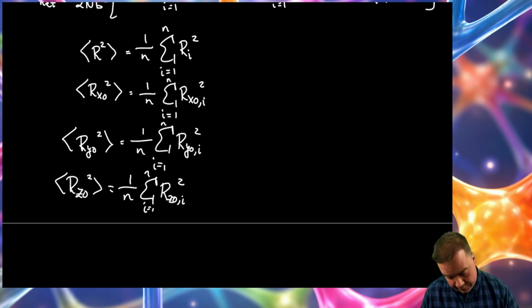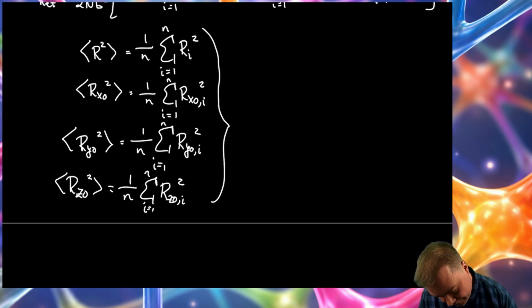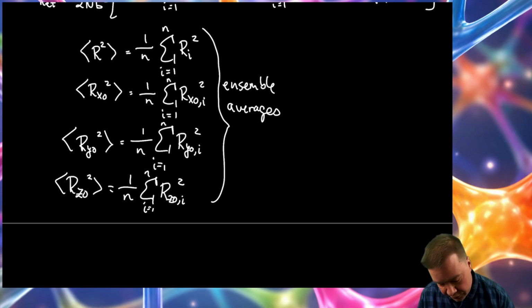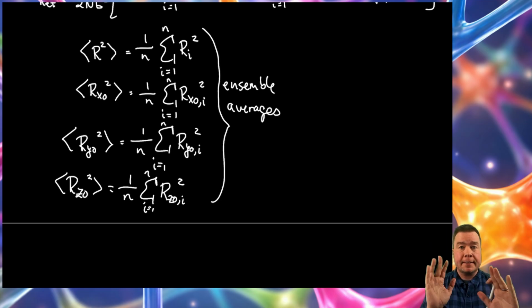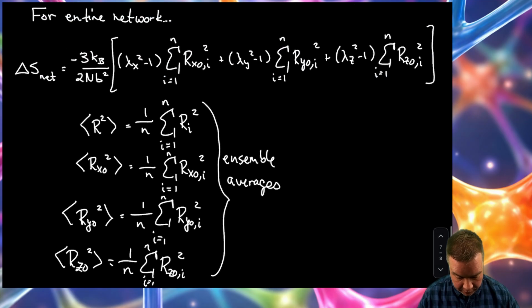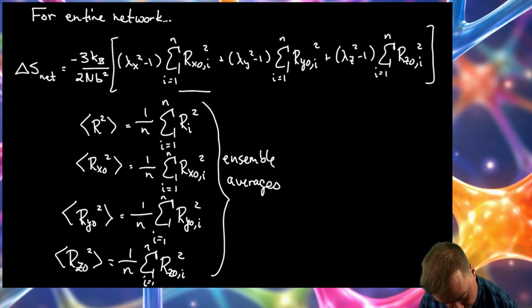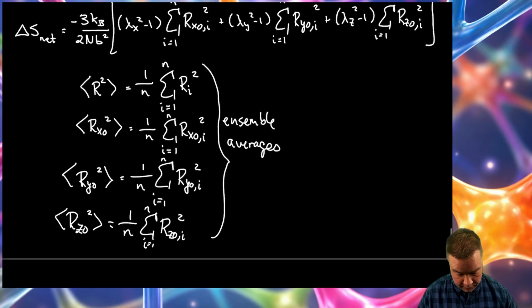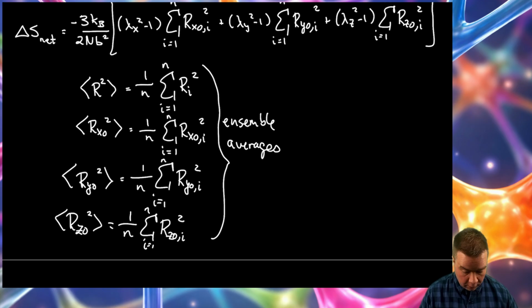And so what these things allow us to do, again, these are the definitions of the ensemble averages, right? The average of that value across the ensemble of polymers that make up the material. And so this summation that appears right up here, right, that summation, for example, we can write in terms of these definitions of what the mean squared values are.